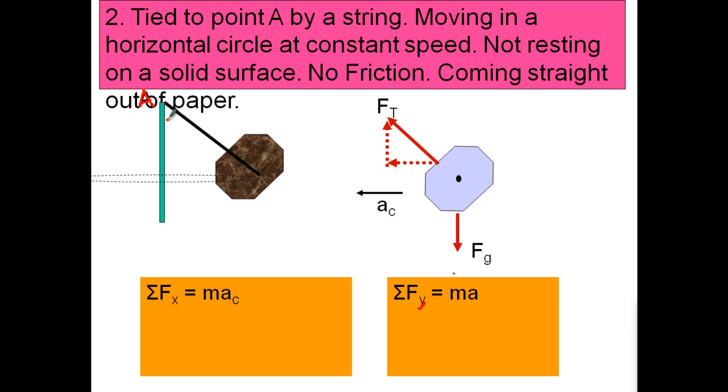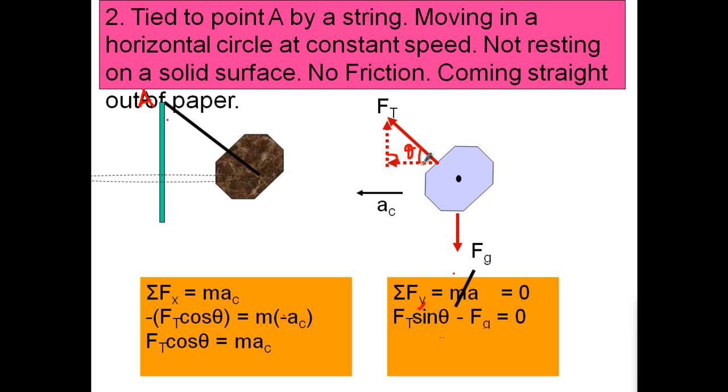Now in this case, we're going to have components for our tension. It's going to have a y component and an x component. And it's not going up or down, so we know the net force in the y is 0. We're talking about the x component of this tension, so we're going to use the cosine to get that. Mass times acceleration. So the tension times the cosine of whatever angle this is in here equals our mass times centripetal acceleration.